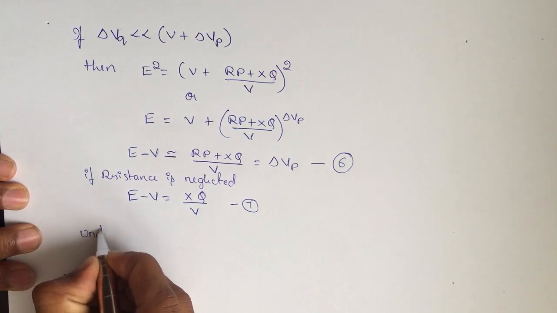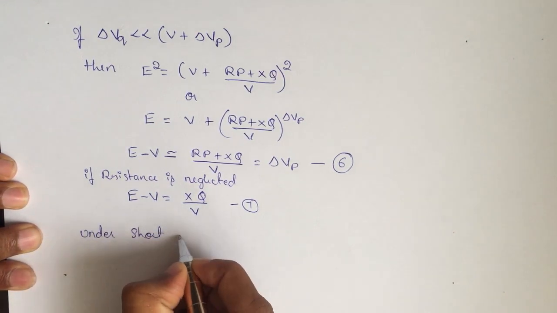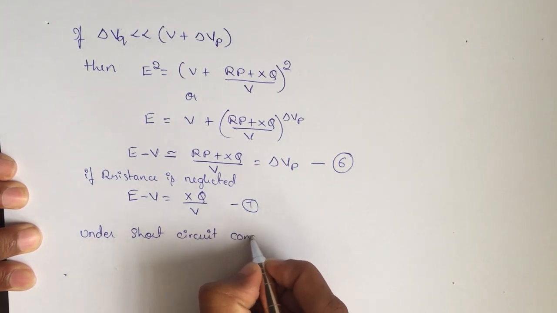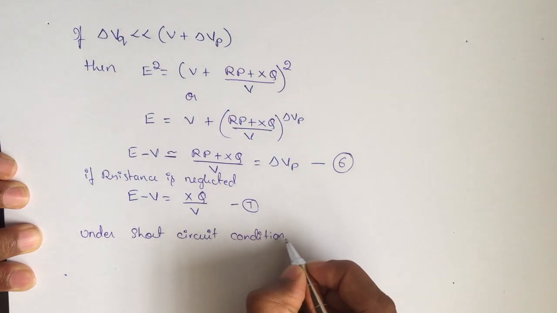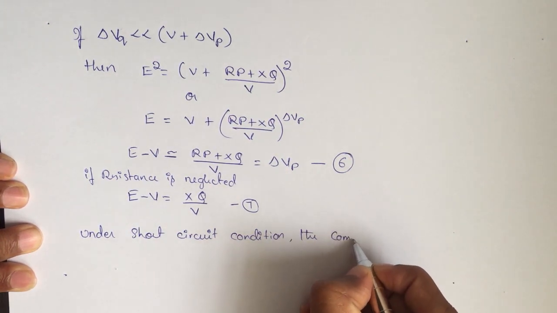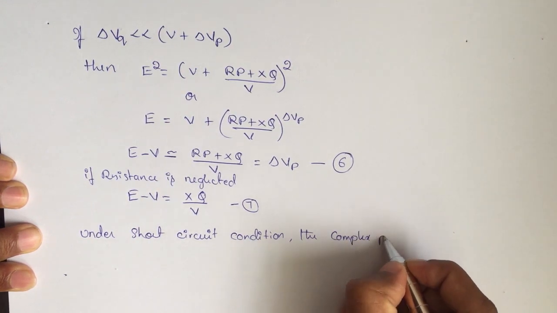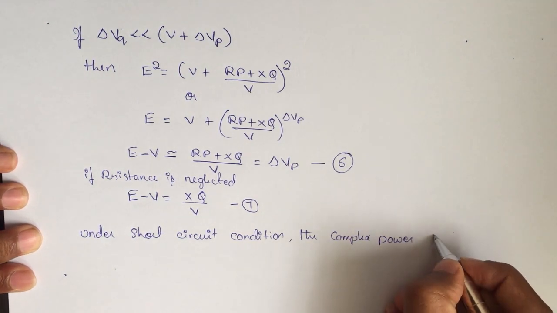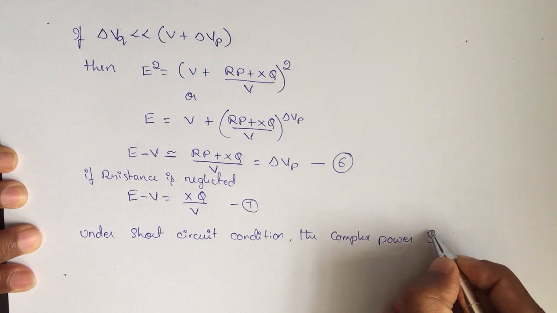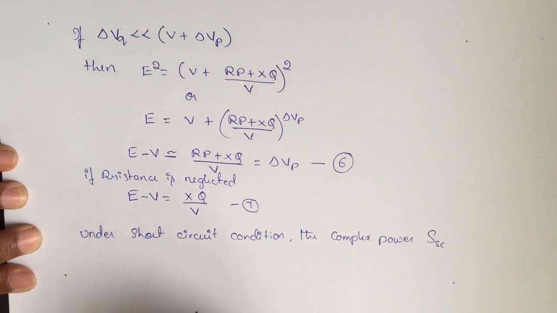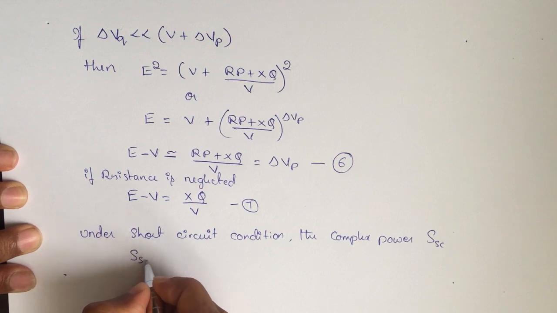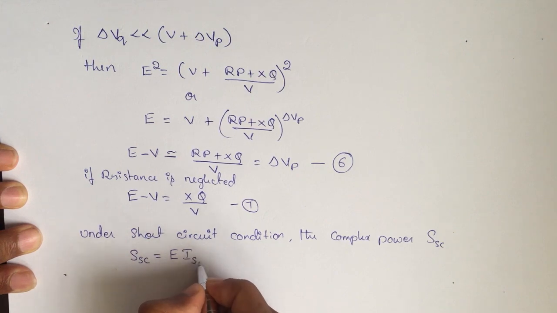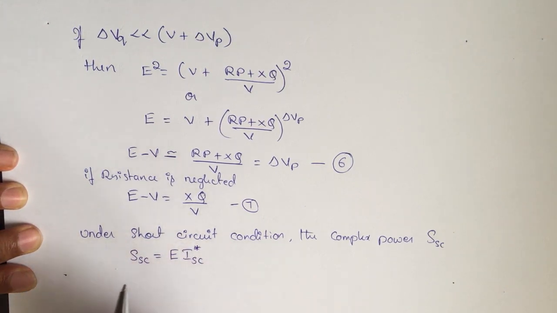under short circuit condition, the complex power at short circuit, SSC, is given by SSC is equal to E into ISC, short circuit current conjugate.